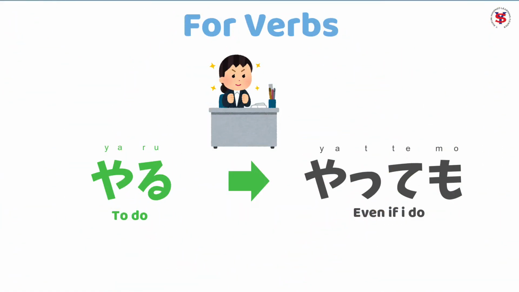Alright, before we move on to the next topic, let me just hammer down this point using temo and demo, right? Para mas madaling gawin ng ating even if sentence pattern sa Japanese, tandaan lang natin palagi na gawing te at de form ang ating mga verbs, adjectives, and nouns, tapos dugtugan natin siya ng mo. So, parang let's say for verbs, yaru, to do, becomes yattemo or even if I do.